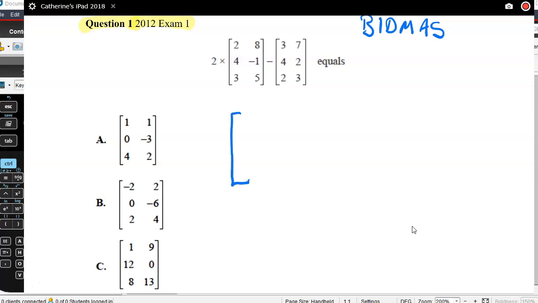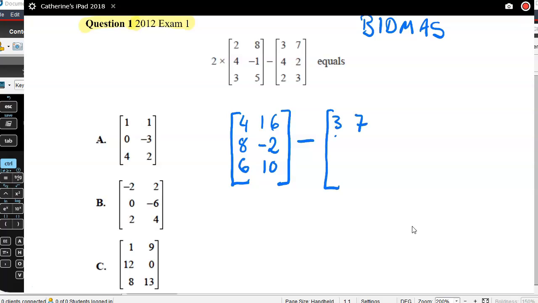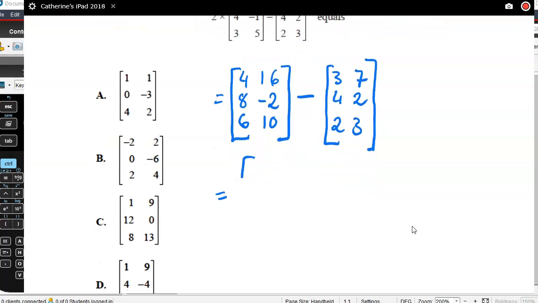So 2 times 2 is 4, 16, 8, 2 times -1 is -2, 6, 10, take away 3, 7, 4, 2, 2, 3. Okay, and then next.